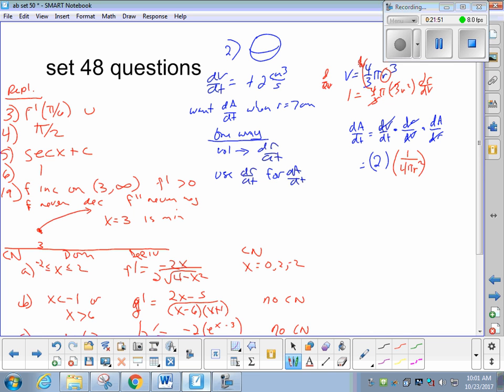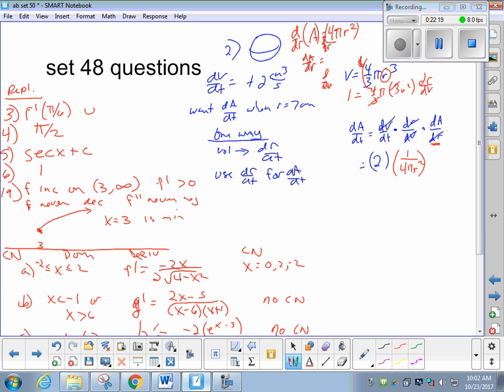Cool. Now, I need dA dt, now, or dA dr. Surely that involves my area equation like this. And differentiating with respect to r, right? So dA dr is what I want. I'm going to get that on the left. And what's the derivative on the right?